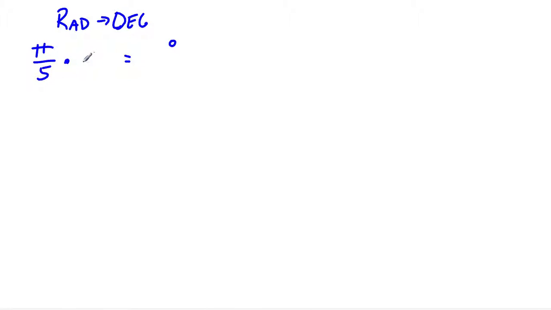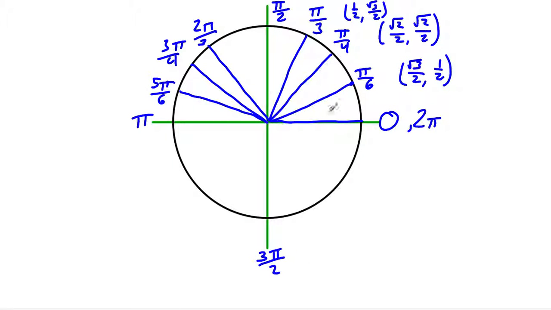In order for us to multiply by 1 and end up with a different unit, we're going to have to cancel out. So in my denominator here, I'm going to put pi radians. In my numerator, I'm going to put the unit that I want, which is degrees. I use 180 degrees because, again, 180 degrees, a straight line, gives me pi radians.